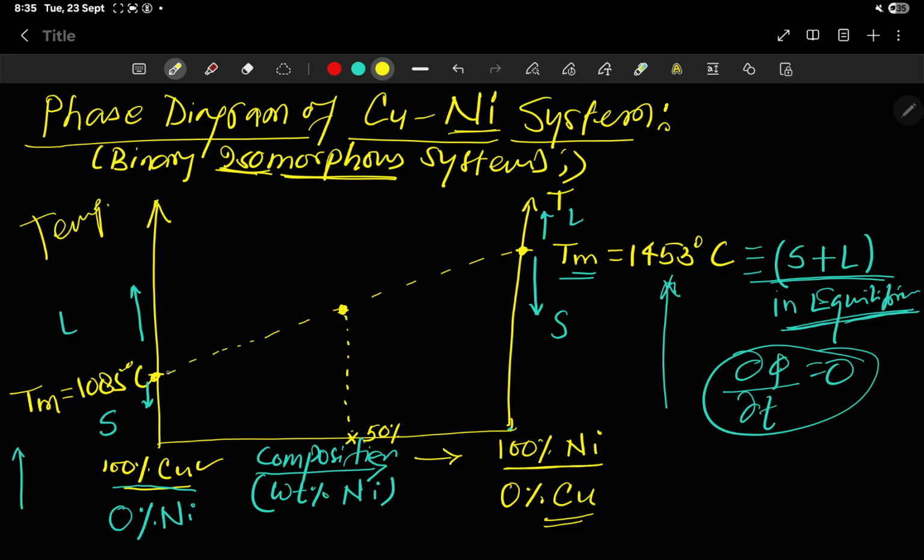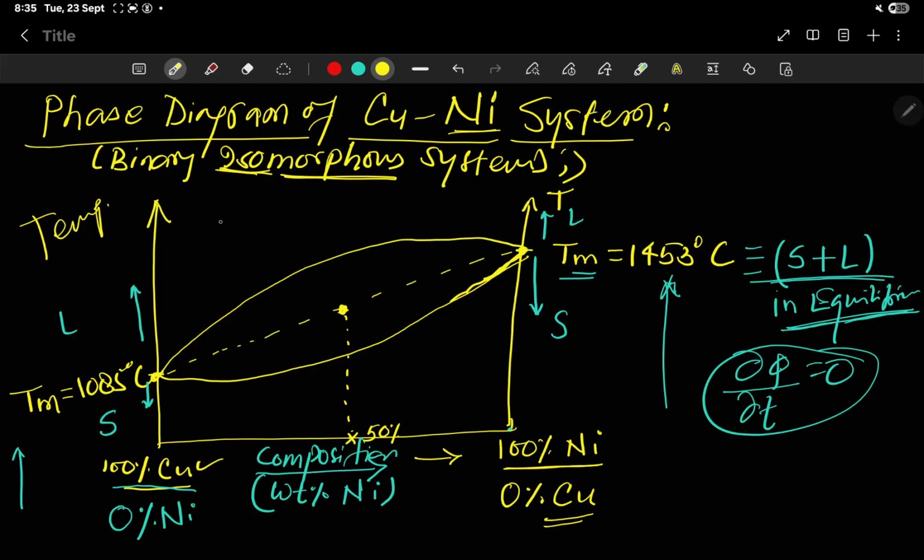So let's try to draw the experimental results. In case of alloys, melting happens over a range of temperature.